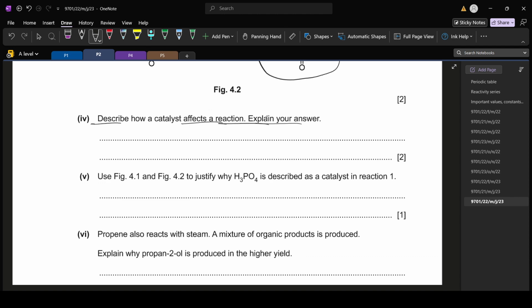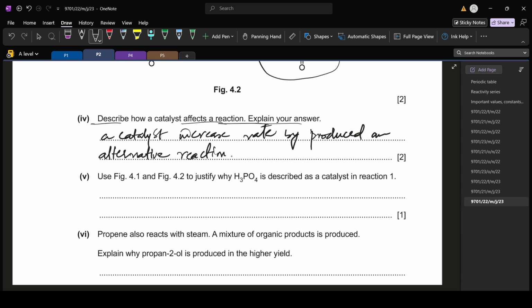A catalyst increases the rate by producing an alternative reaction pathway with a lower activation energy. So this is the use of a catalyst.